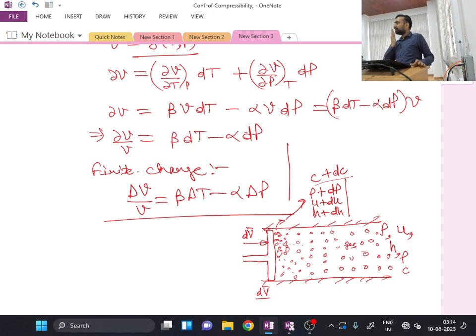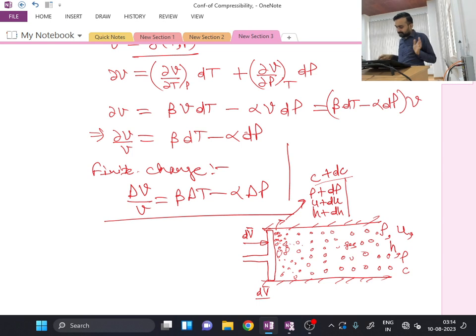When the sound wave is traveling, it is increasing the pressure of these molecules, and then these molecules are further passing that information to the next set of molecules. Okay, so what I am trying to say is that sound is nothing but a pressure wave, but it's a weak pressure wave, because when it travels, it changes the pressure of molecules by a very small amount.